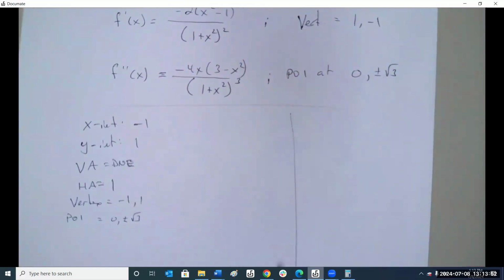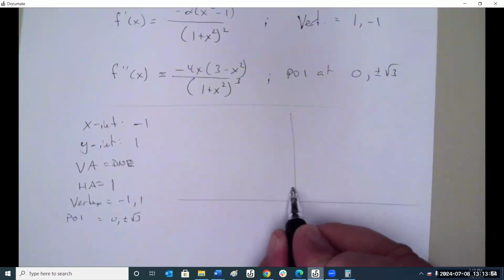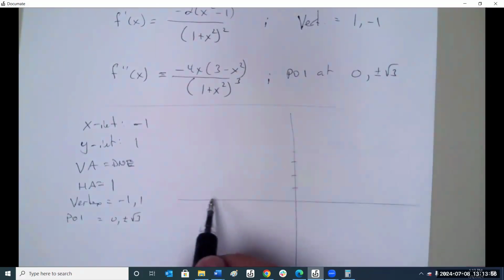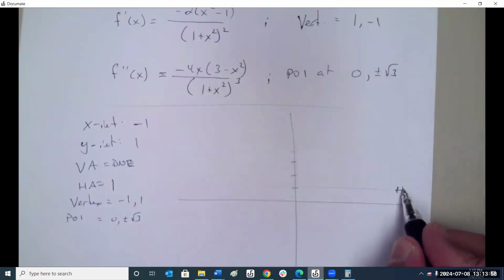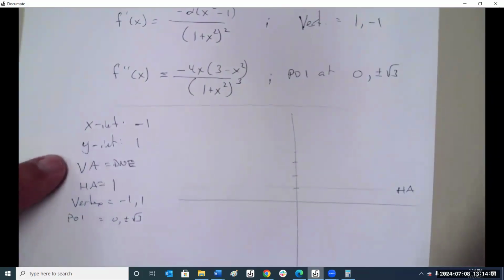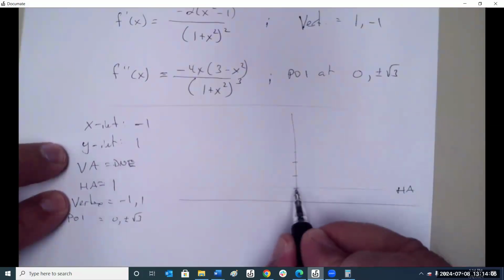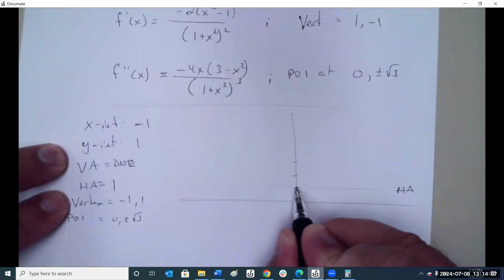All right, let's see what all this stuff tells us. So we have a horizontal asymptote there. The y-intercept is at 1.